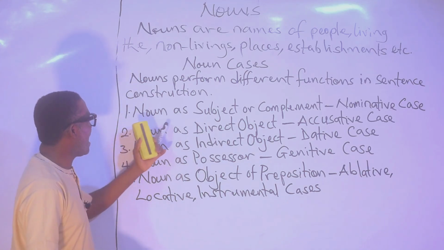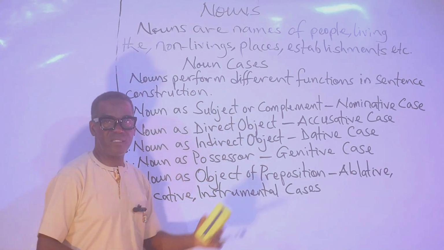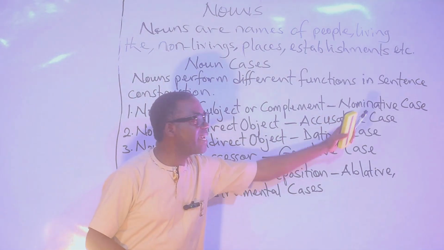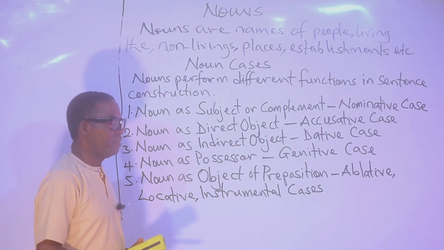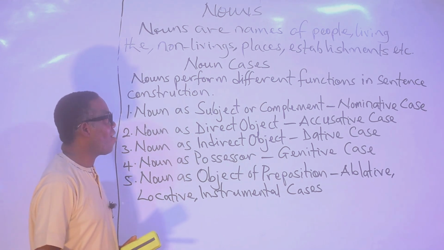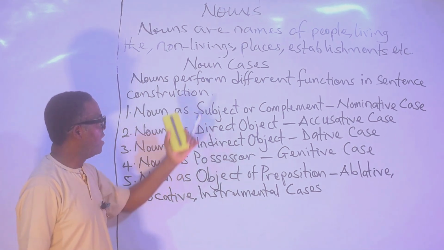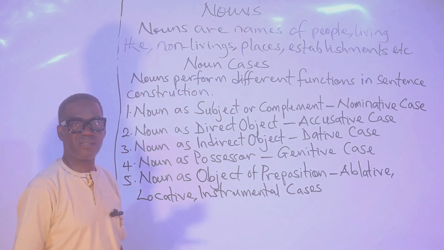Number one, a noun can function as subject or complement. In Hebrew, that is the nominative case. Number two, a noun can function as direct object. In Hebrew, that is the accusative case.